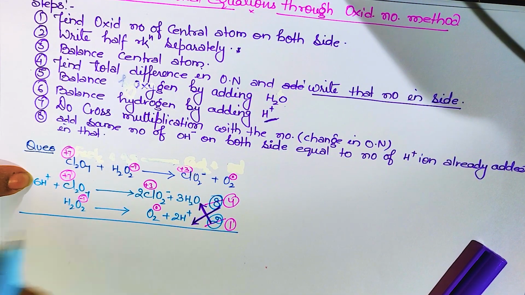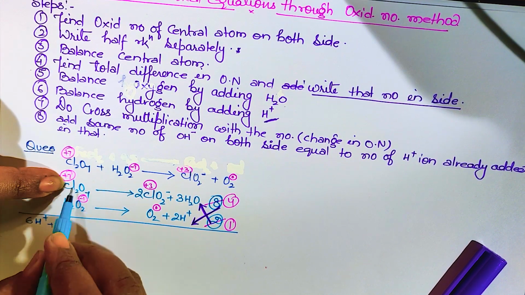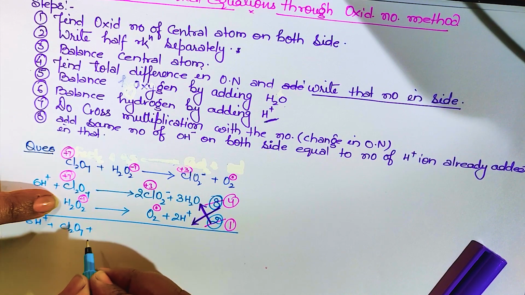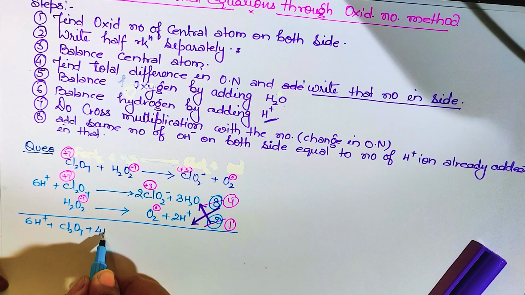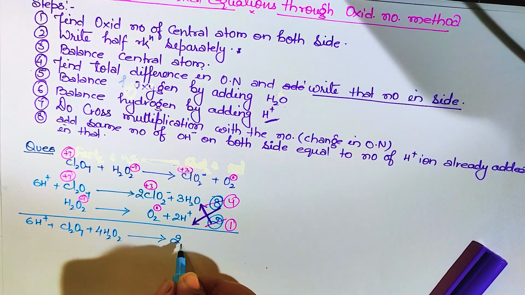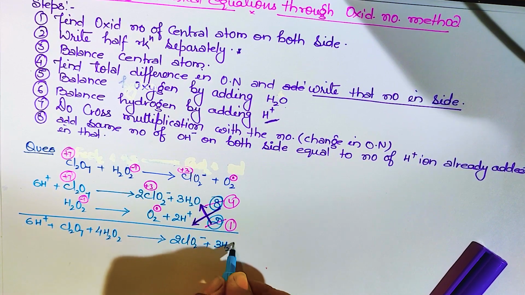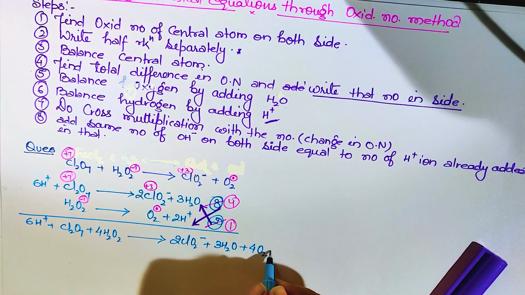So we will add this 6H plus, then Cl2O7 we have to multiply by 1, Cl2O7, then write the reaction complete. This is H2O2 multiplied by 4, cross multiplication. So 4H2O2 is going to change into 2ClO2 minus plus 3H2O, plus 4O2 and plus 8H plus, isn't it?